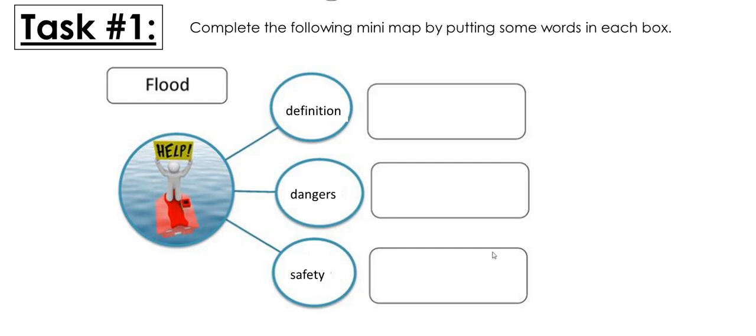You can go back to the video and check. You can find your answers there. If you know them right now, just write them down. If you have doubts, go back, or you can go to your PowerPoint and find your answers. Once you are done, continue with the lesson to check your answers.